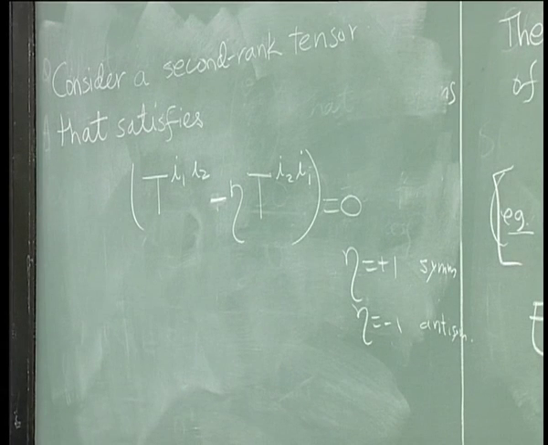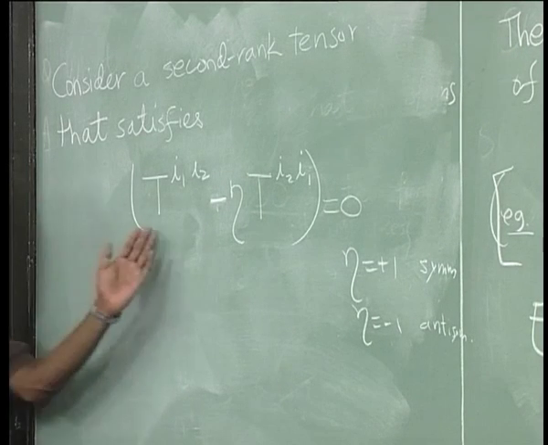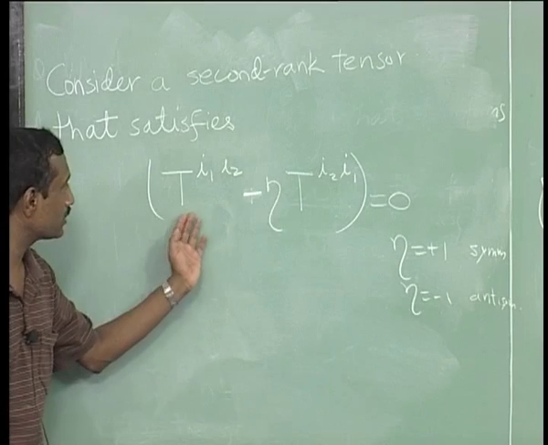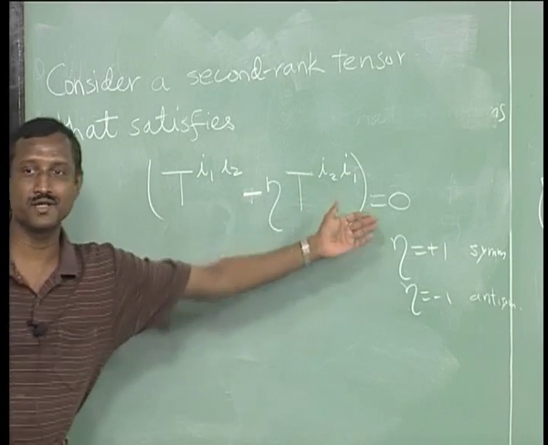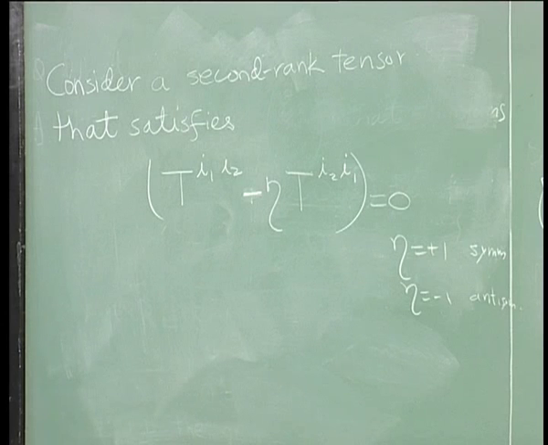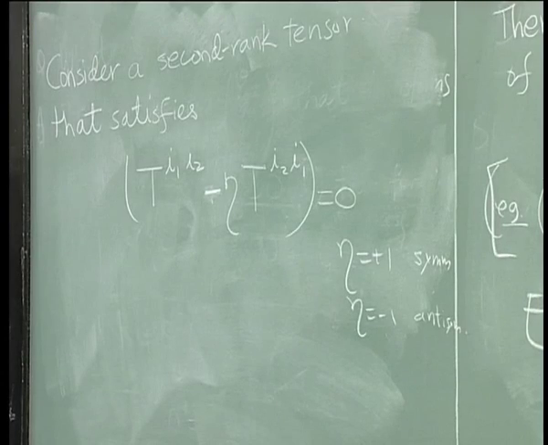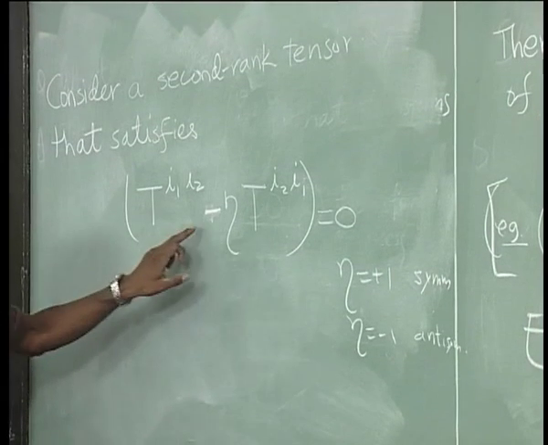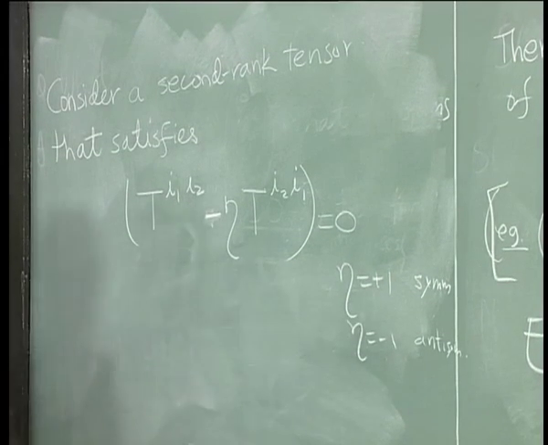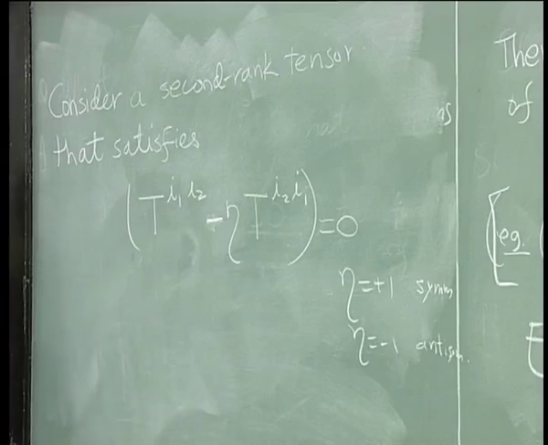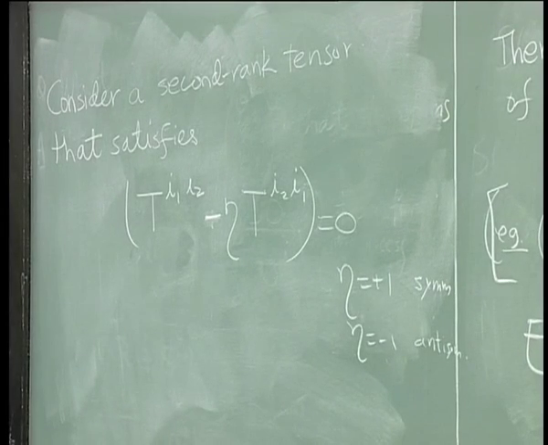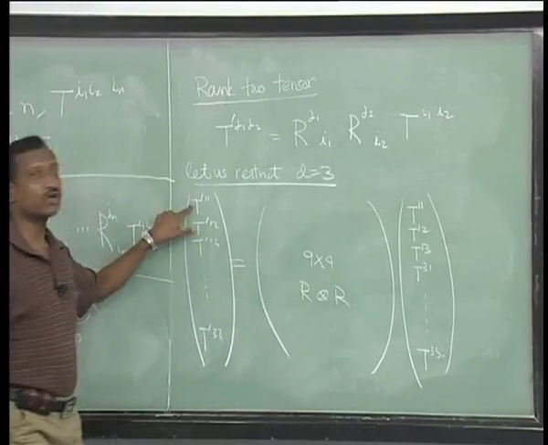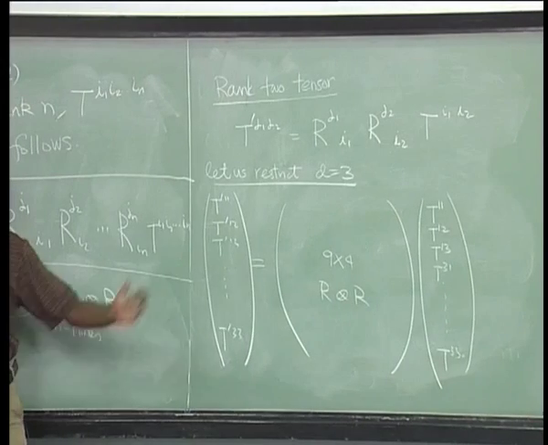So, there are two ways of looking at it. One way is to say that fine, this is an equation satisfied by this in one frame, and it has to hold in all frames because it is just a linear transformation. In other words, if eta is plus 1, that would say that this is a symmetric matrix. So, T is a symmetric matrix, but what about T prime? It will remain symmetric, that is what this says.